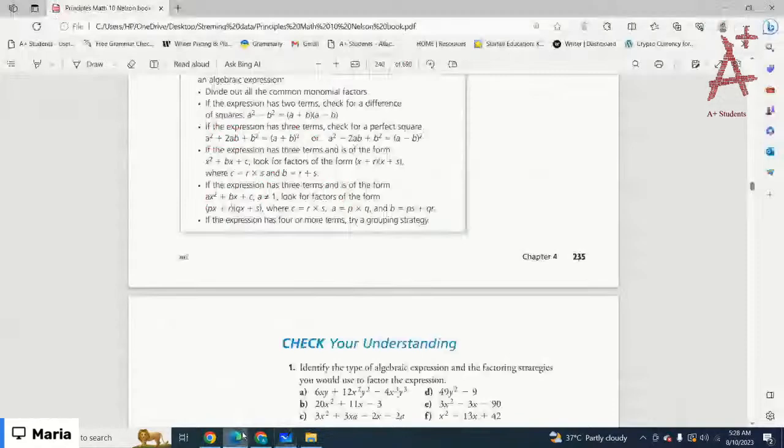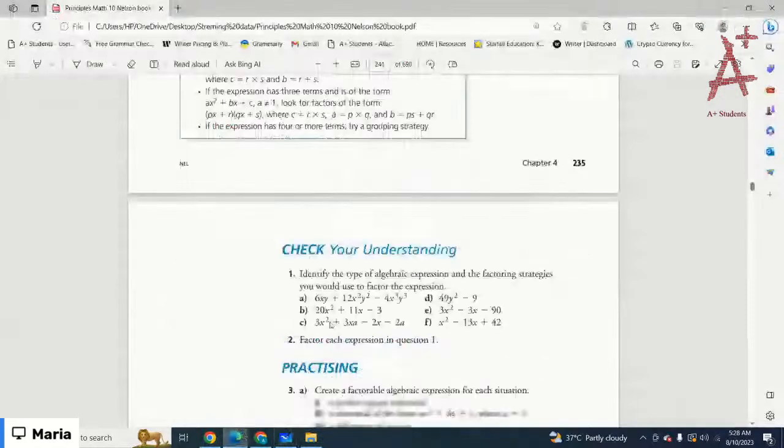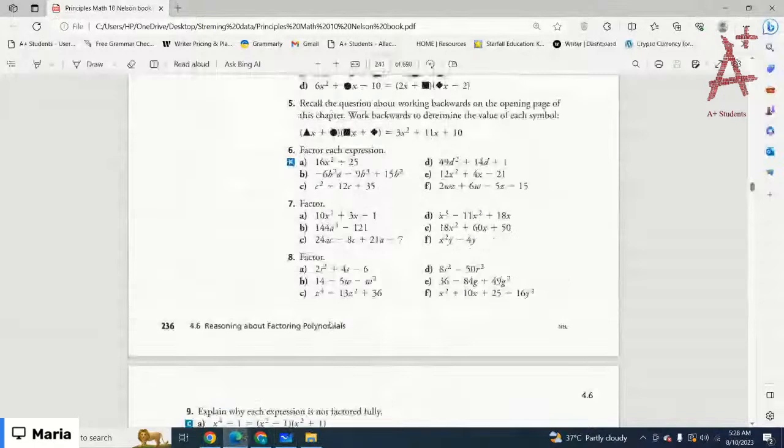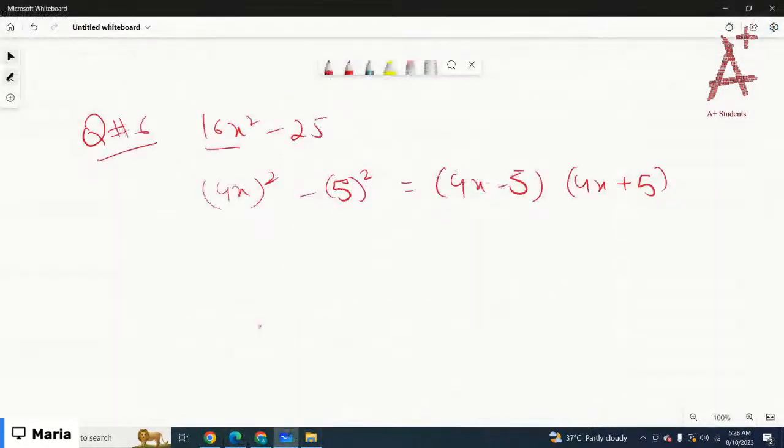The next one is 12x squared plus 4x minus 21. We have to factor. 21 times 12 is 252.